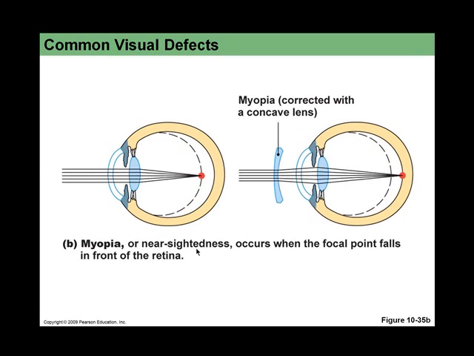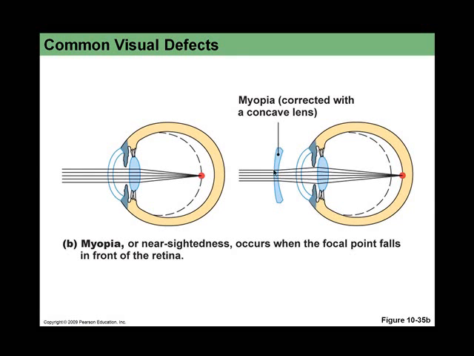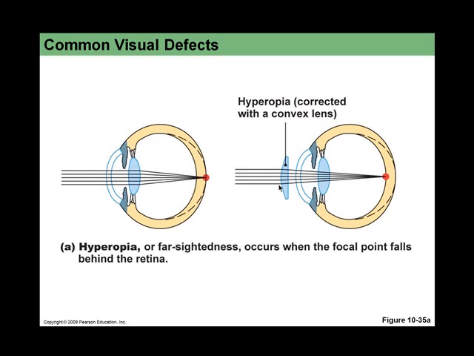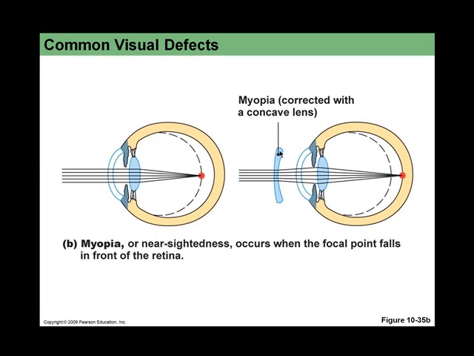Myopia is nearsightedness, so it's obviously the opposite of that. The focal point falls in front of the retina. So here you want to use a concave lens. This is not as convex on the front side, and it is concave on the back side. So the overall curvature is more concave toward the front.